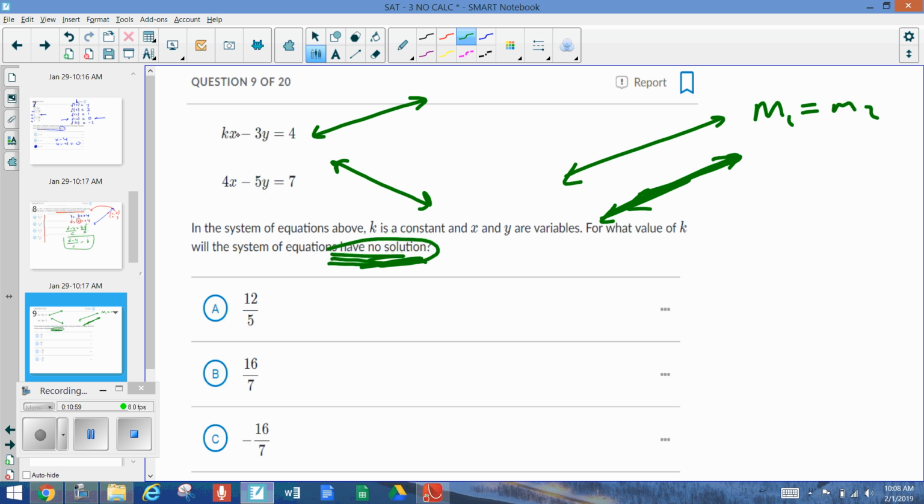Okay. Now let's find the slope of the first one. I need to bring it to y is equal to mx plus b format. Now y is supposed to be along here. So I'm going to let me write it down. So I'm going to add 3y to both hand sides and then subtract 4 from both hand sides.